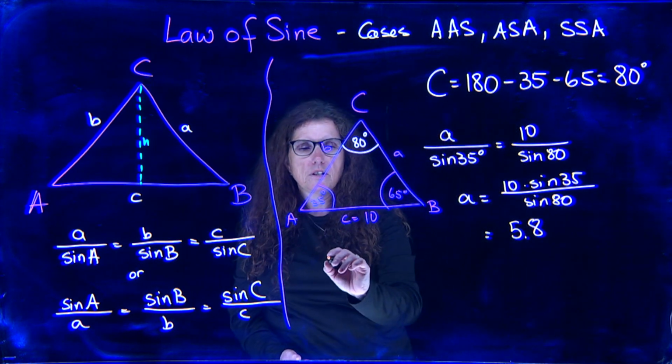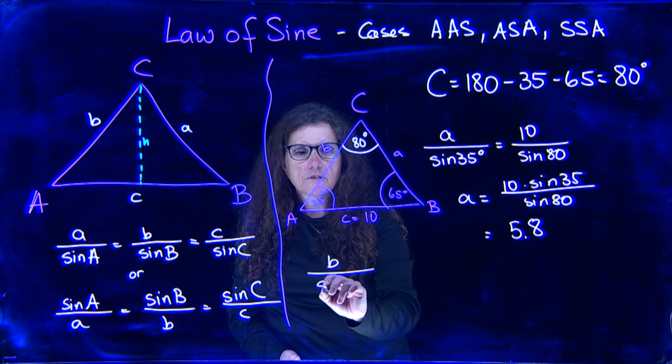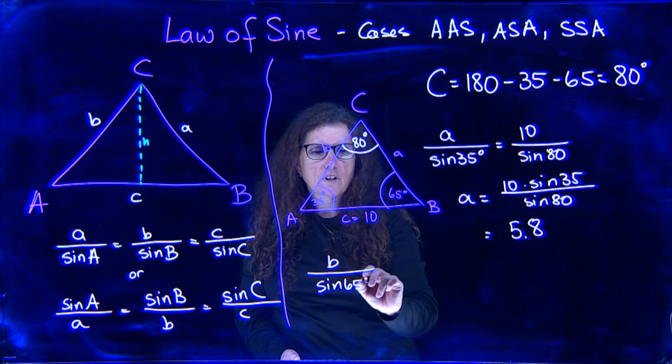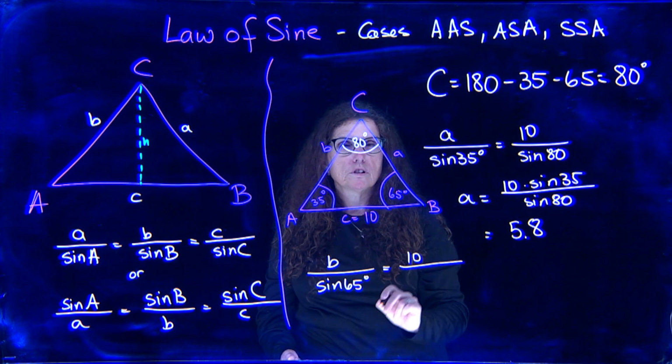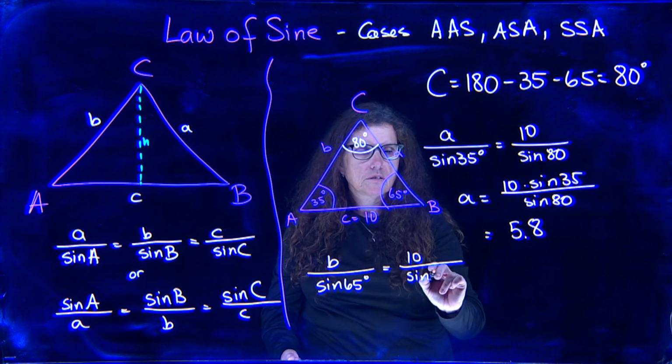Okay, let's find B. B over the sine of 65 degrees is equal to 10 over sine of 80.